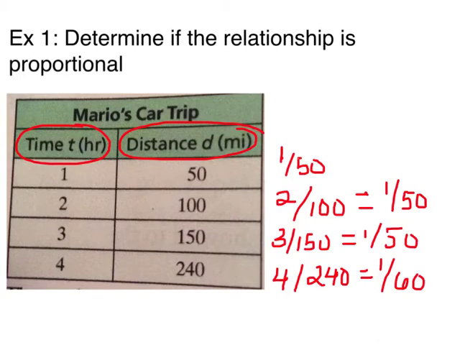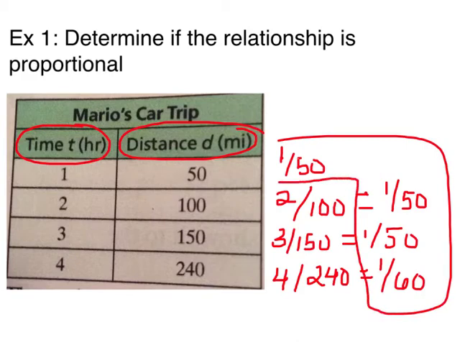Now if I look at these ratios, in order for it to be proportional, they all must be the same. The last one is different, therefore they are not all the same, so it is not a proportional relationship.